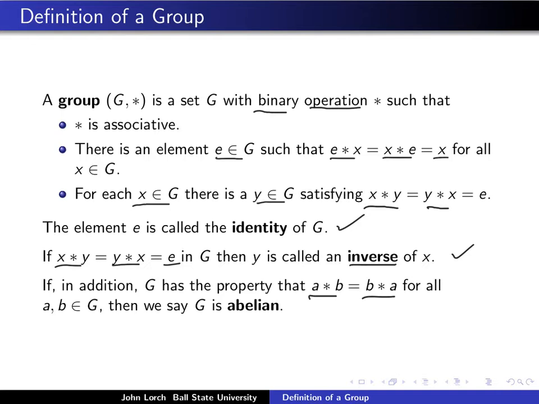And when that special thing happens, we say that our group is abelian. So abelian, that name comes from the name of Niels Abel, who was a 19th century mathematician. He was one of the first people to prove some results about the insolvability of quintic equations.